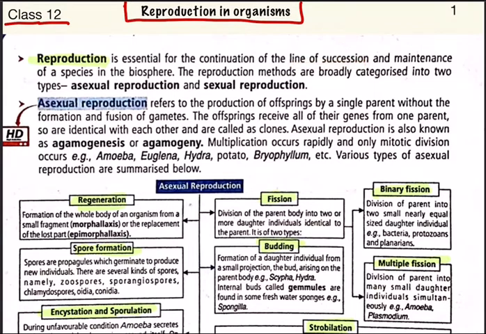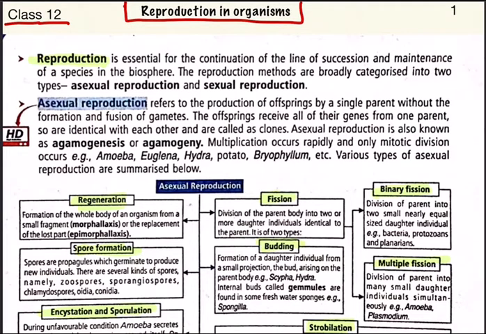The reproduction methods are broadly categorized into two types. One is asexual reproduction, and the second one is sexual reproduction. The very name indicates that asexual means without the involvement of sex cells or gametes. We use the term gametes or reproductive cells.